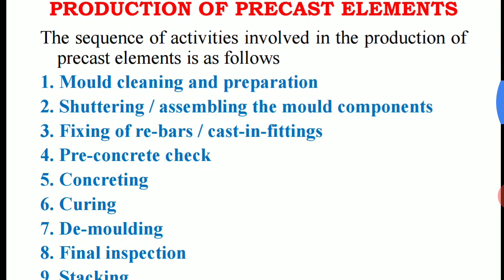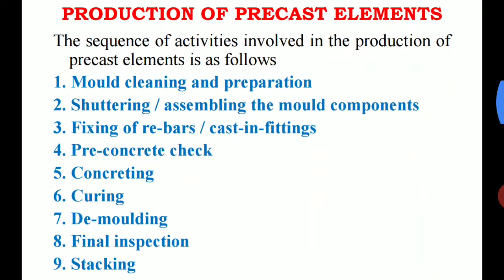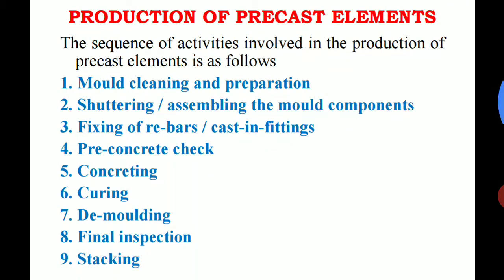And here, the production of precast elements, this purely belongs to the manufacturing process of the precast elements. It has a certain sequence of activities involved in the production of precast elements, right?